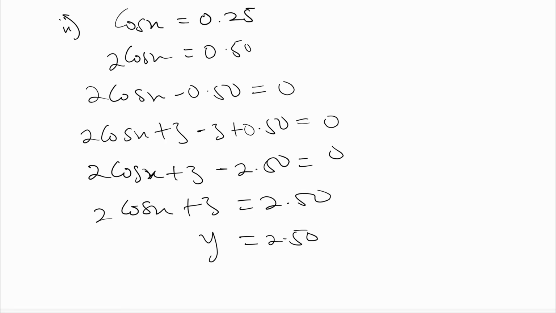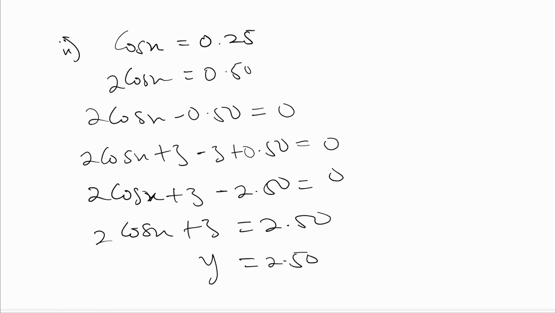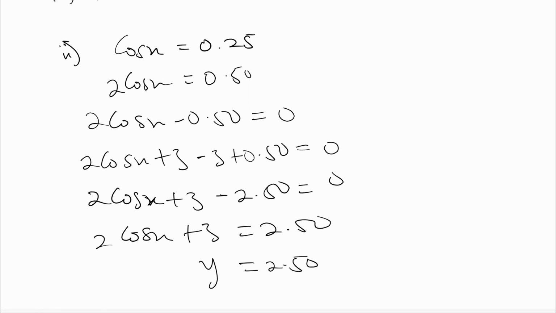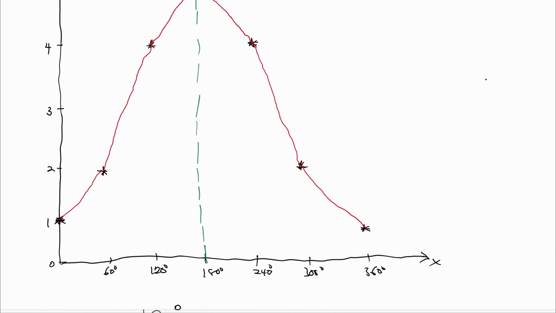Now we move to the graph. We locate y is equal to 2.5, and 2.5 will be here. So we draw a line from y is equal to 2.5 to cut the curve. So we get something like this. And then we locate the values of x at the intersection. That's where the line and the curve meet.